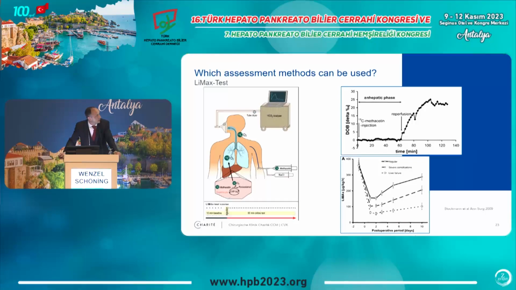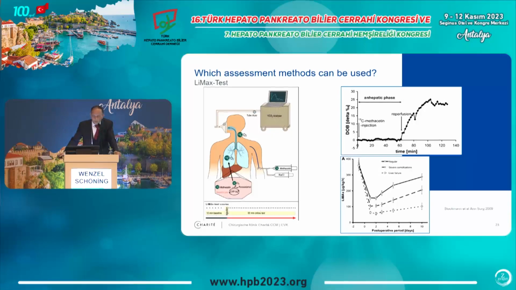The patient gets C13-marked methacetin intravenously. Methacetin is a prodrug of paracetamol and is metabolized in the hepatocyte by CYP1A2 to paracetamol and CO2. By the concentration of the C13-marked CO2 in the exhalation, you can test the liver function.